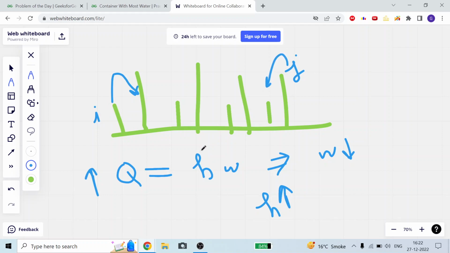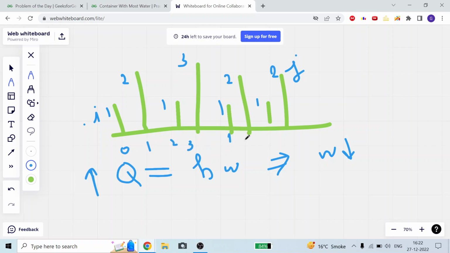Why? Suppose I give you an interesting example. Suppose the heights are 1, 2, 1, 3, 1, 2, 1, 2, with indices 0 to 7. We are initially at the two ends, so the width is 7 minus 0, that is 7.